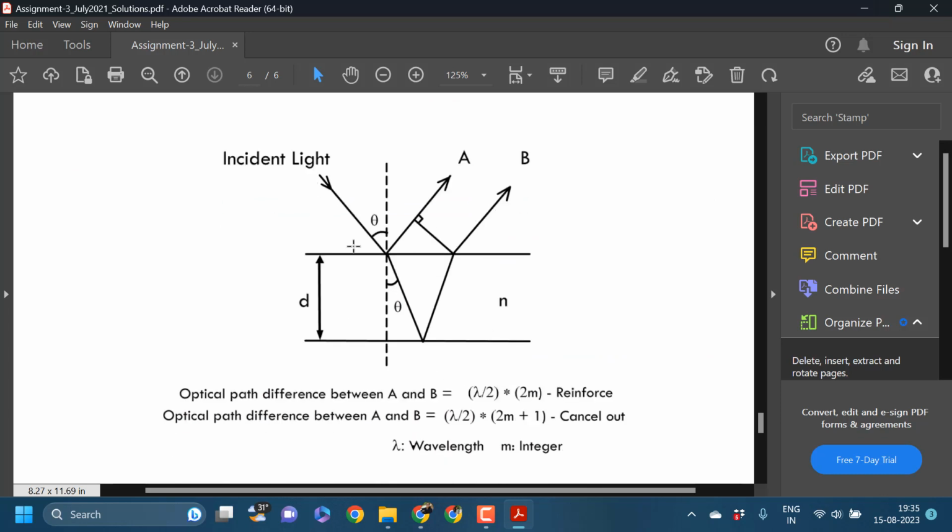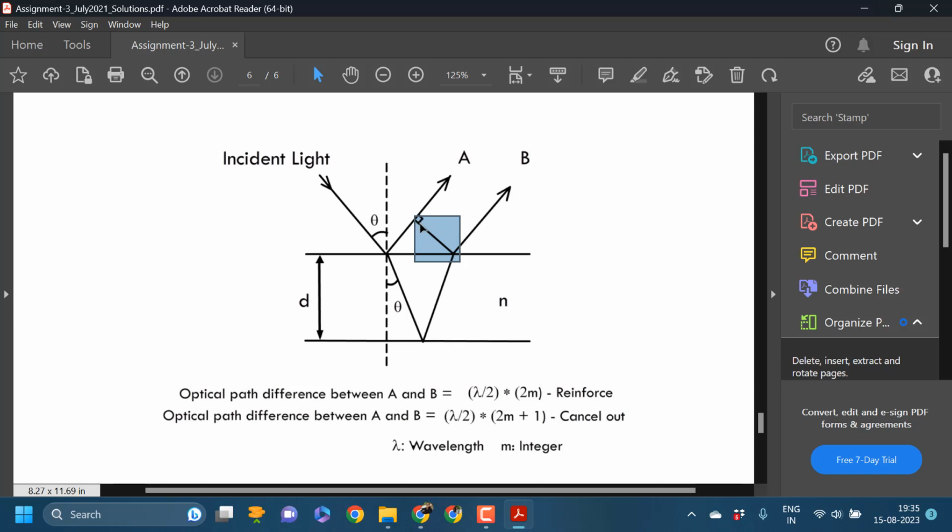If you see, incident light is there and the path d is there. If you see this image, you might recall this will be the reflected wave, and from the second plane it will be this one. If the path difference between A and B, this particular line, is equal to 2m into lambda by 2, they will constructively interfere, that is they will be in phase, and a bright fringe will be formed.